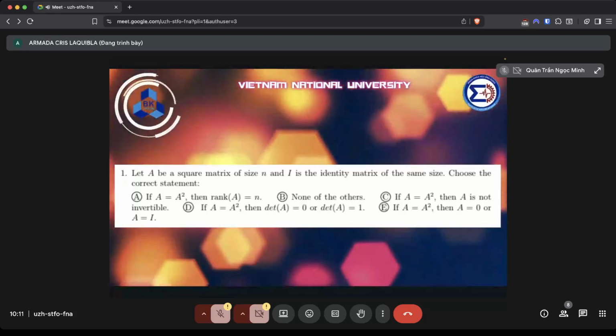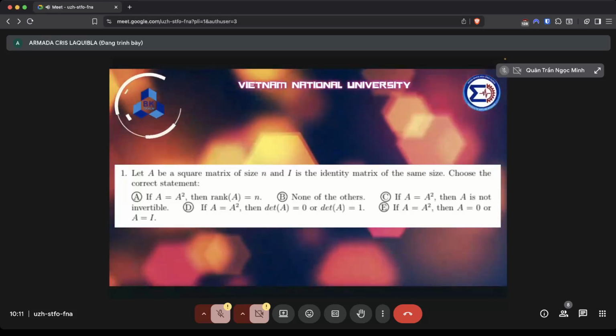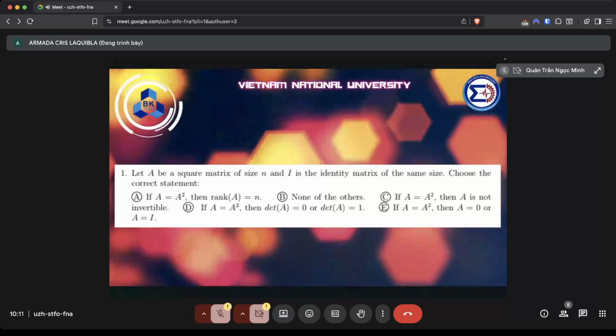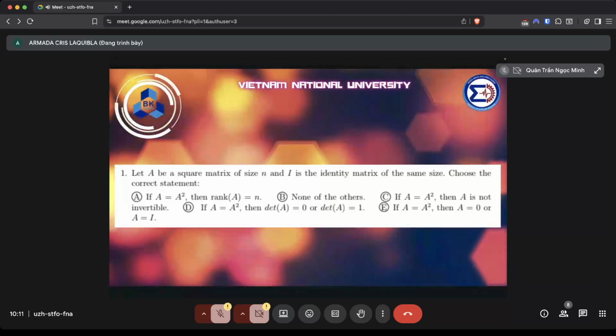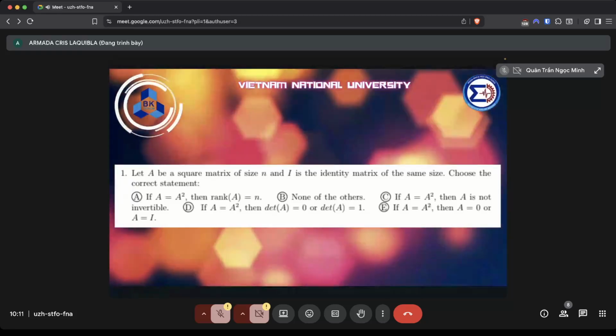Okay, so we have here A, a square matrix of size n, and I is the identity matrix of the same size. Choose the correct statement, if A is equal to A squared.